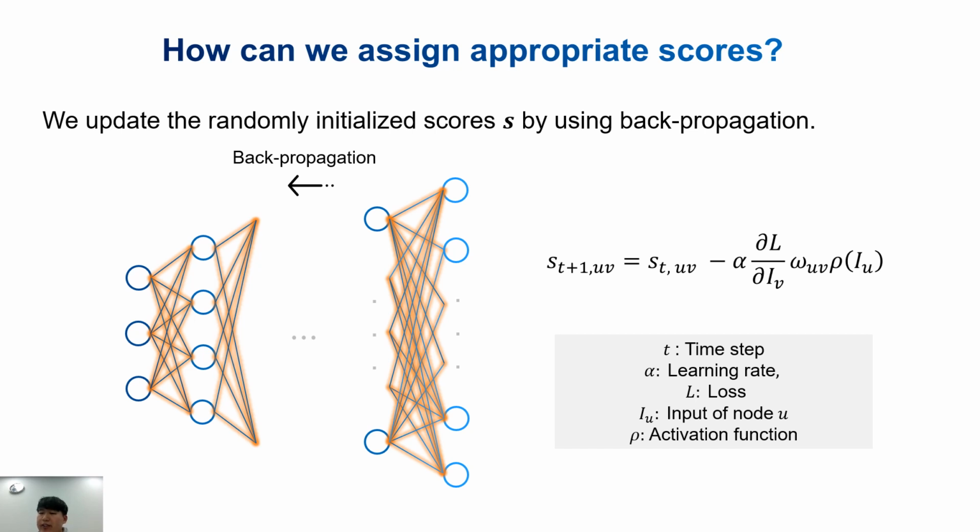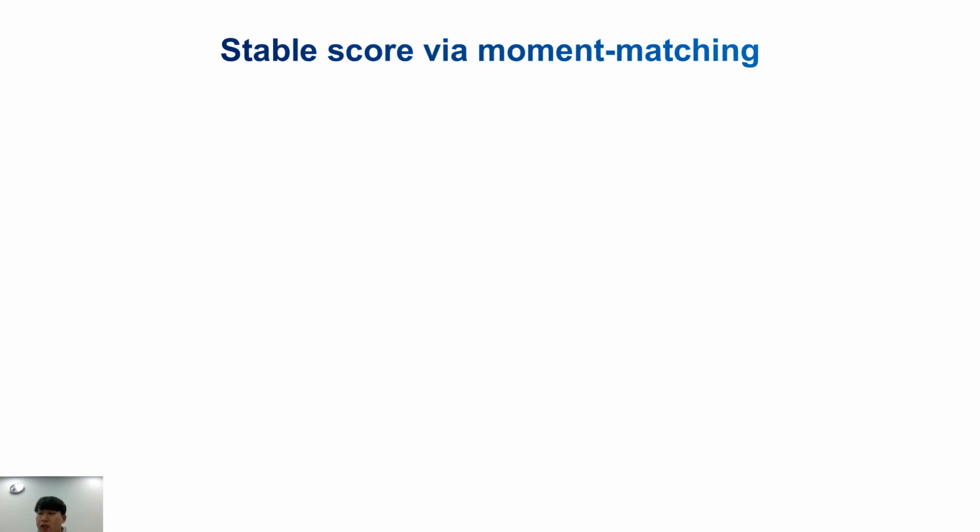However, as I mentioned before, generative models don't have obvious criteria. Although adversarial loss is popularly used for training, it is extremely unstable to find proper scores. To properly update the scores, we utilize a kernel maximum mean discrepancy.